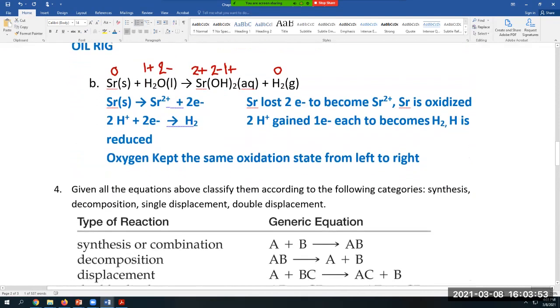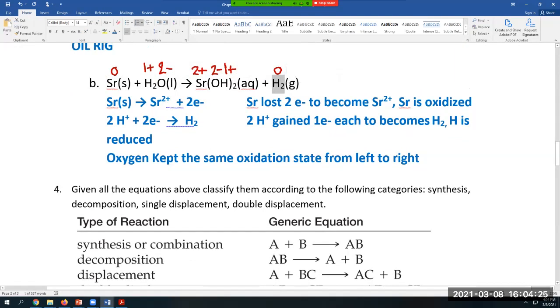3B, we have again a redox reaction here, and this time we have two reactants, two products. So it's neither synthesis nor decomposition. However, you can see that we have an element plus a compound. So strontium, the element, plus water, the compound, give a new compound, the strontium hydroxide, and then a different element, H2.